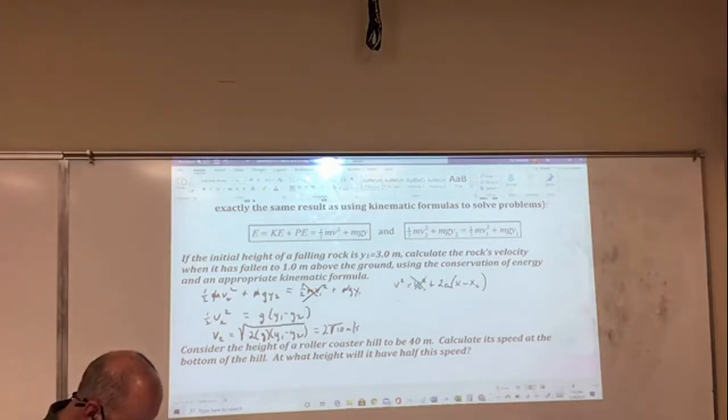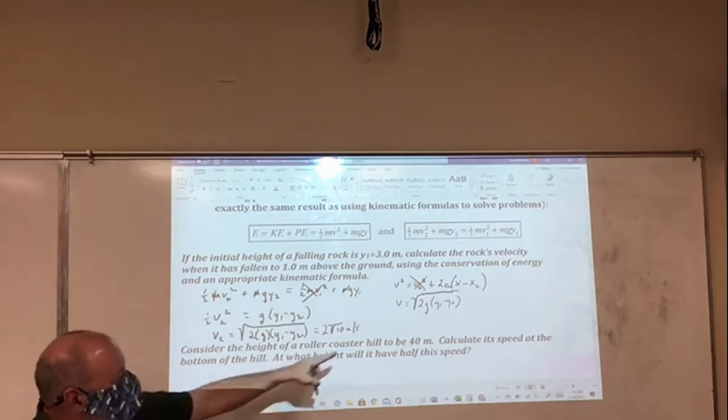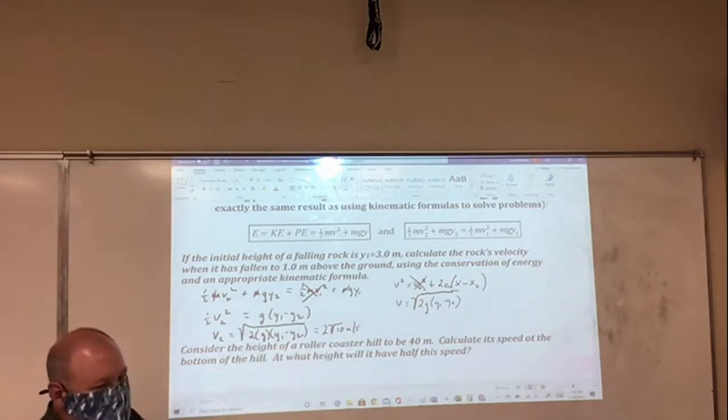So v equals, wow, the square root of 2a, which is g, times x1 minus x2, so x minus x0, which in this case is y1 minus y2. How cool is that? It's exactly the same formula.